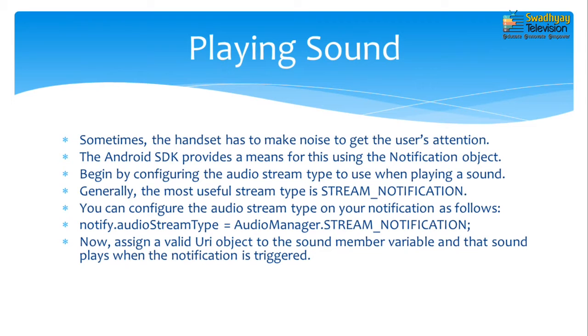Begin by configuring the audio stream type to use when playing a sound. Generally, the most useful stream type is stream underscore notification. You can configure the audio stream type on your notification as shown on screen. Here we write notify dot audio stream type is equal to audio manager dot stream notification.